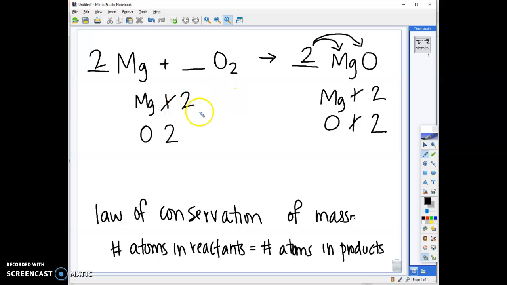And now I have 2. So I have 2 magnesium, 2 oxygen, 2 magnesium, 2 oxygen. I did not need to add a coefficient in front of my oxygen, okay? Because we understand that to just be 1. So I don't have to worry about adding a coefficient there, okay?